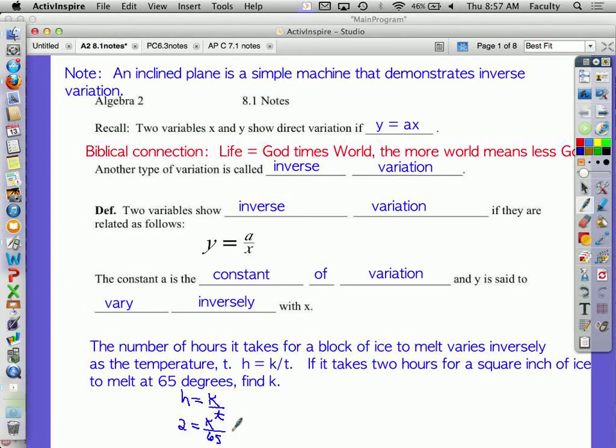You're going to multiply because the 65 is in a denominator and we need it to cancel. So K is 130. So we did find K, but then, if that's how they relate to each other, you could determine things like, okay, I need that ice to melt in 6 hours. What do I need the temperature to be? Or I know the temperature tomorrow is going to be, we wish, 98 degrees. How long will it take that to melt?